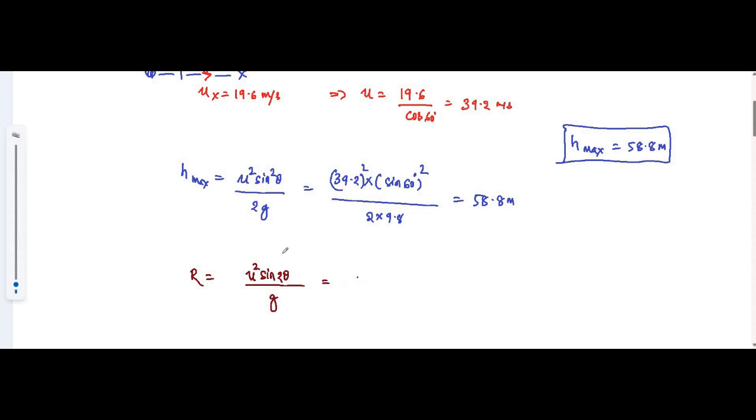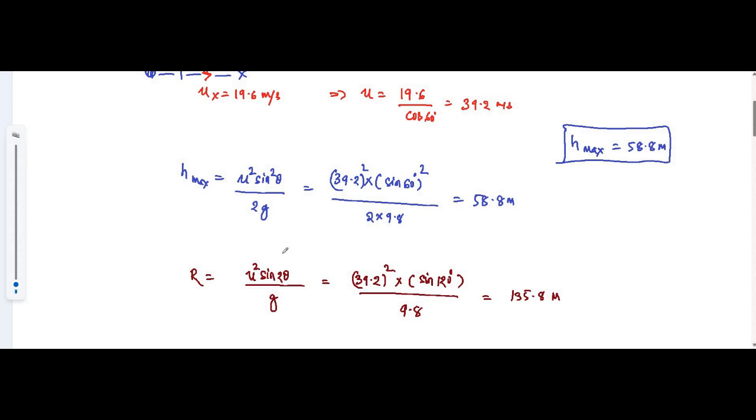So here it will be equal to 39.2 square into sine 120 degree, and 2 into 60 degree is 120 degree, by 9.8. So it is coming around 135.8 meters. Yes, this is the horizontal range.